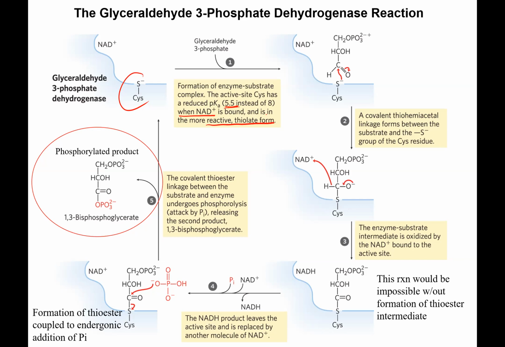So what happens here? Well, we've seen this over and over again, right? Nucleophilic attack. The electrons from the double bond go to the oxygen. It assumes a temporary negative charge that we see here. And then it quickly reforms the carbonyl group and gives up its hydrogen, in this case, to the NAD+. So this is a thioester intermediate that we have on our hands here.